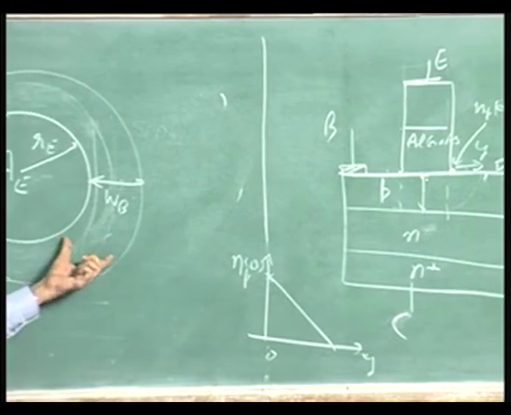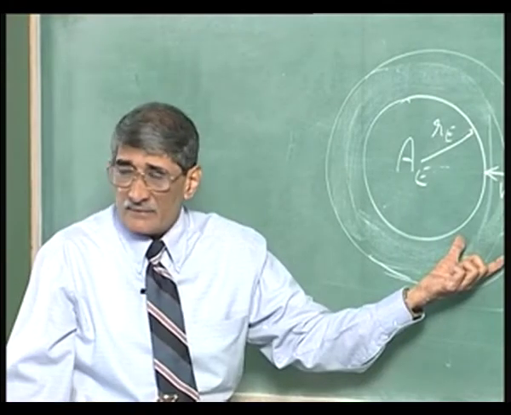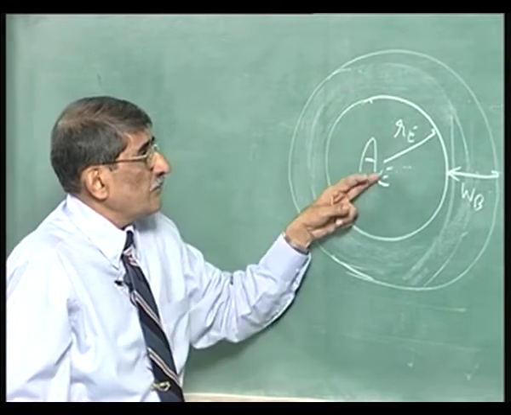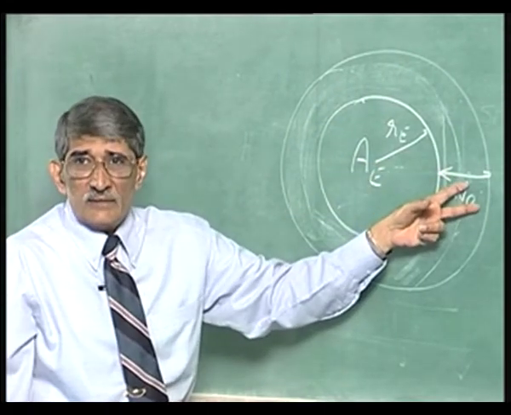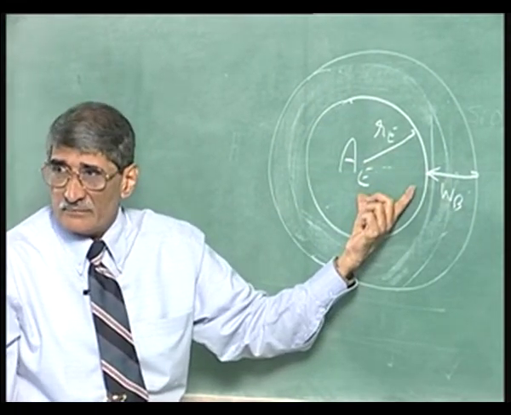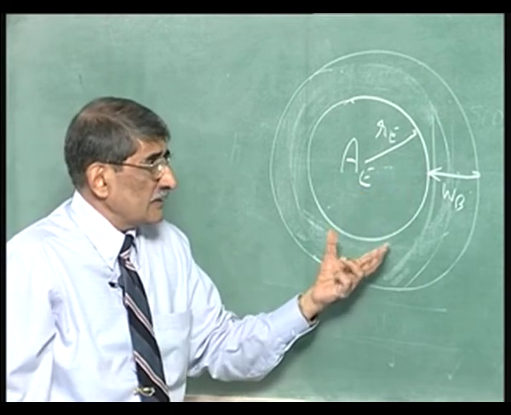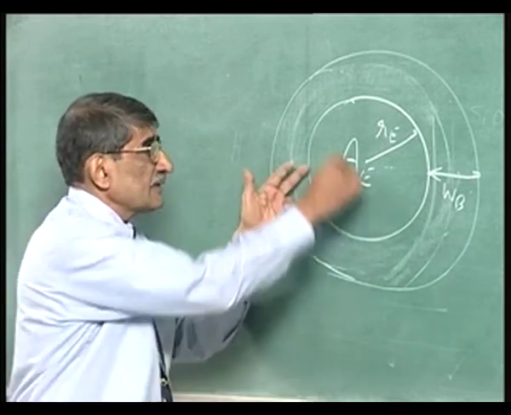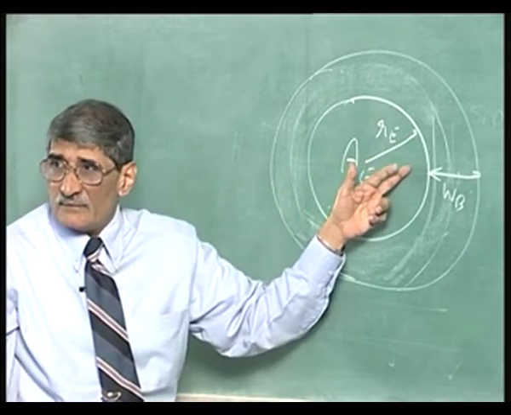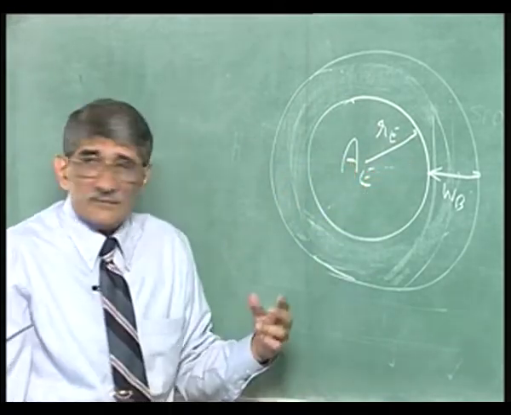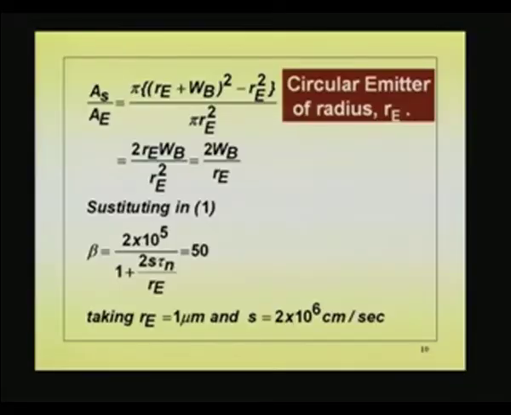So, you are trying to find out the surface area over which recombination takes place, that is actually equal to pi times Re plus Wb whole squared minus pi Re squared. That is AS, and the area of the emitter is pi Re squared. So, the ratio now depends upon Re ultimately, because Wb is fixed, for a given Wb we are calculating.